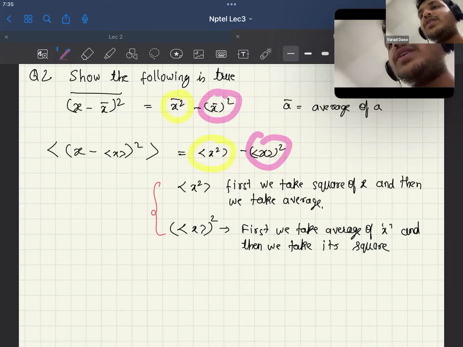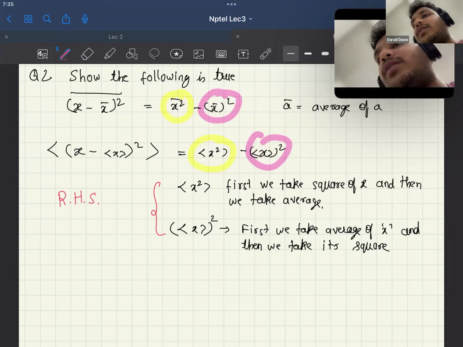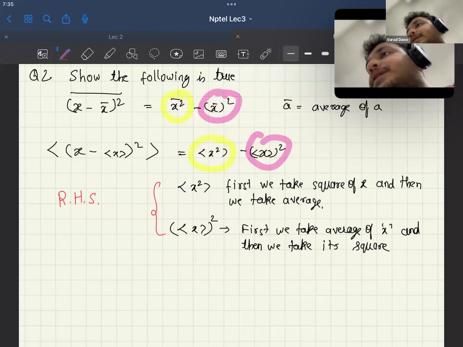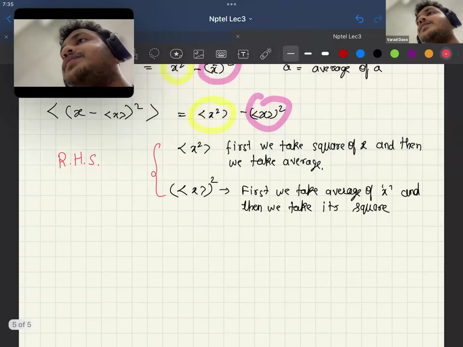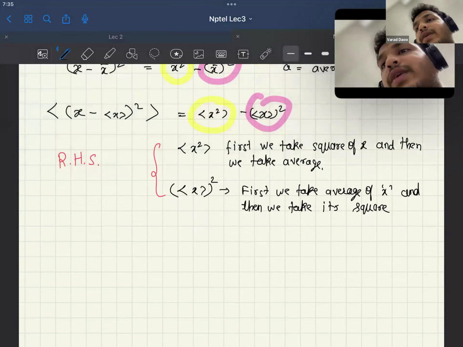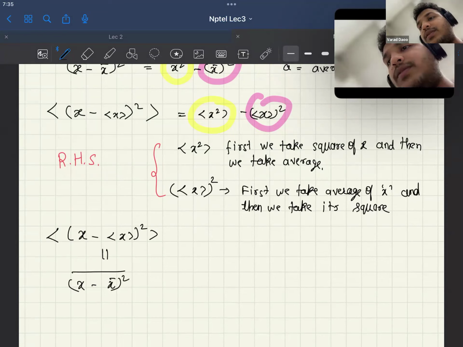Now this is the RHS. Now let's look at the LHS. The LHS is the average of (x minus average of x) whole squared, in other terms, x minus x bar, squared, bar.